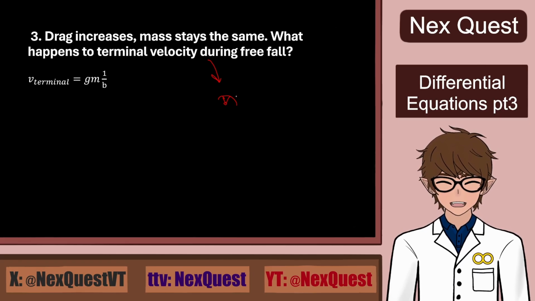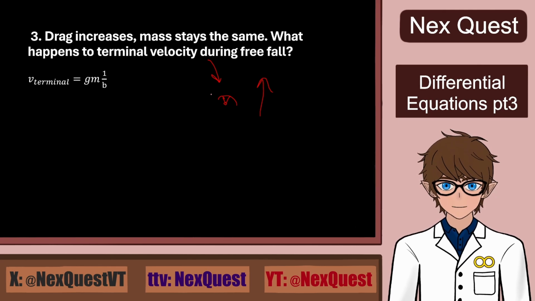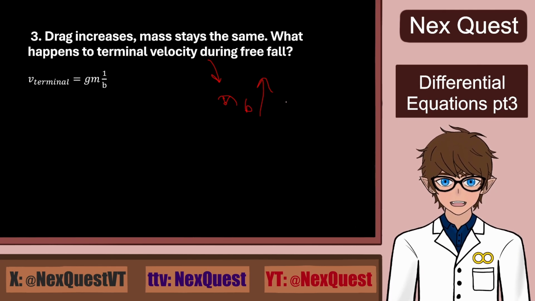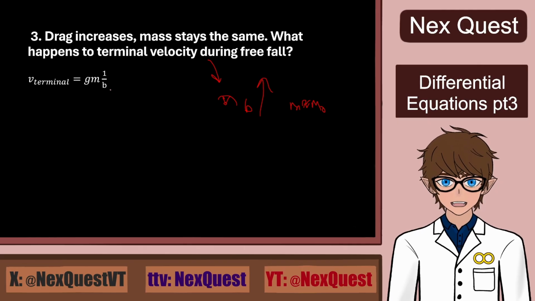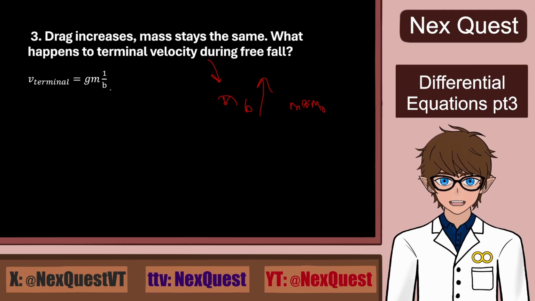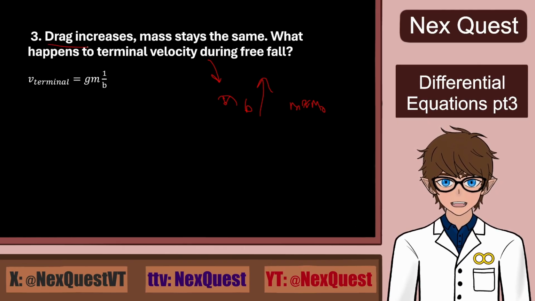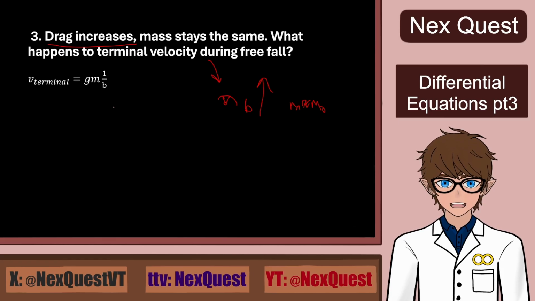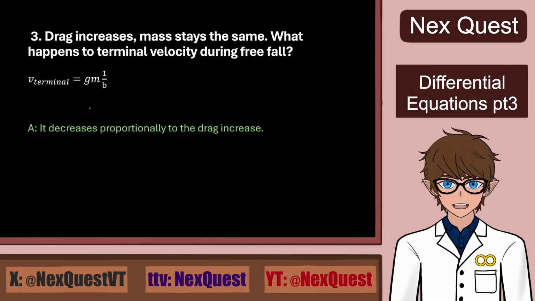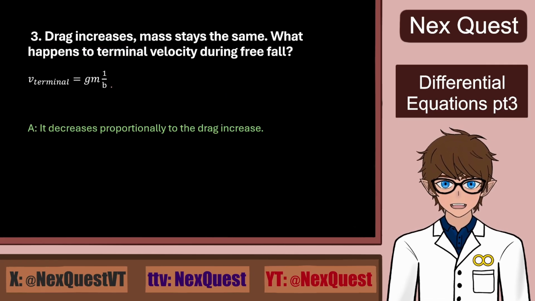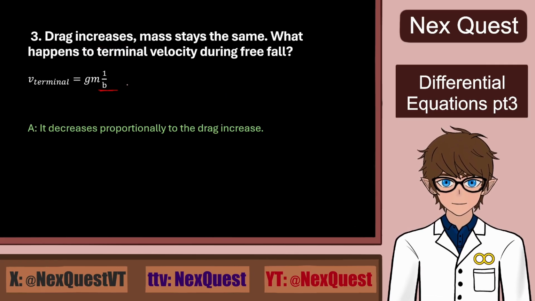That's it. The b increases exponentially, or significantly, while mass stays roughly the same. So in that way, b becomes our variable because it increases. But what would this mean for the overall terminal velocity? Well, it decreases proportionally to the drag increase because it's in the denominator.